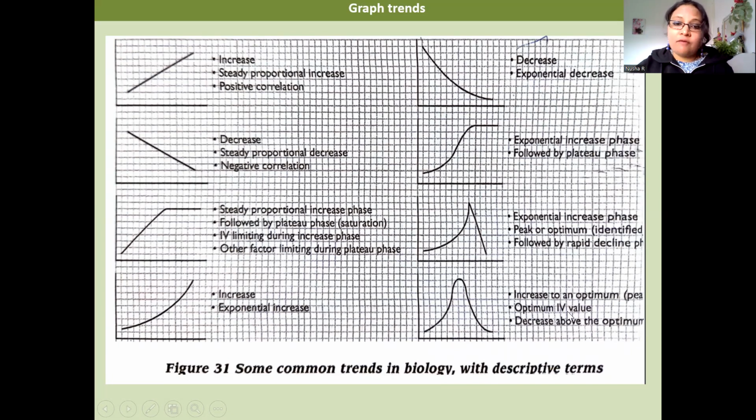So remember, in a graph we have a dependent variable and an independent variable. On the x-axis we would plot the independent variable, that's the variable we're changing. And the dependent variable would be on the y-axis. The dependent variable is the factor that we're measuring that changes when we change the x-axis values, the independent variable.